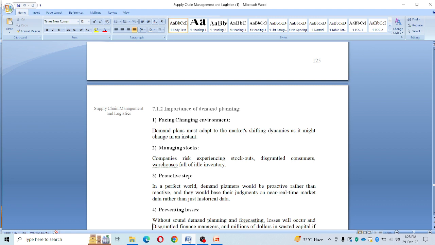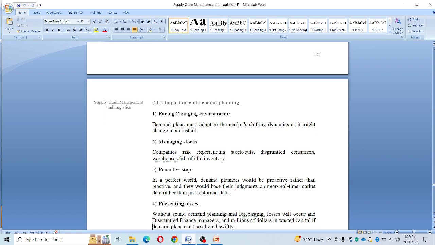Yes, because of market shifting dynamics, you know that a small amount of adverseness, or you can say the stock-ins and stock-outs, or any chance of changing weather or transportation bottleneck, all these things are posing a dynamic environment in front of the producers. So demand plans must adapt to the market shifting dynamics as they have to manage the change also.